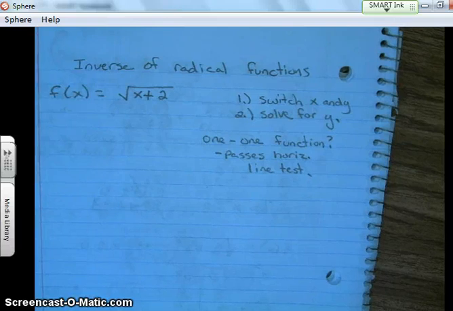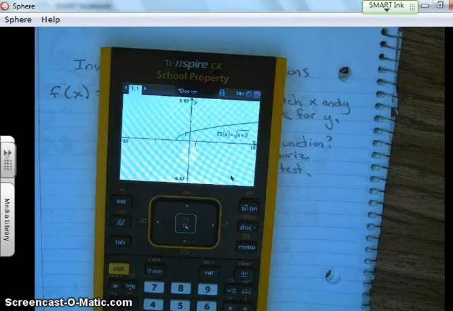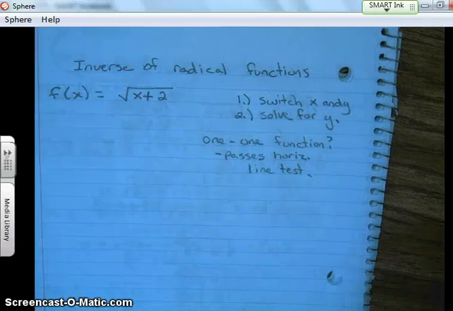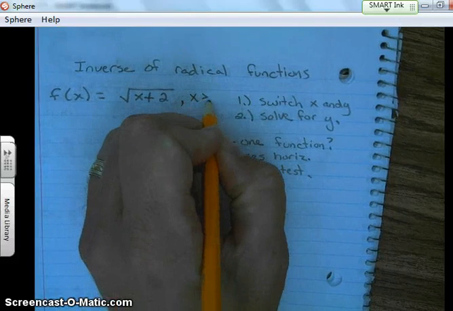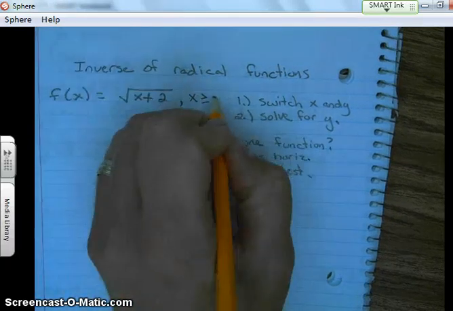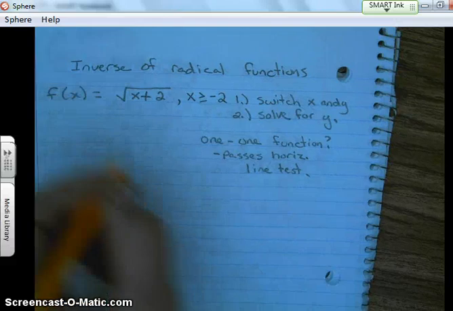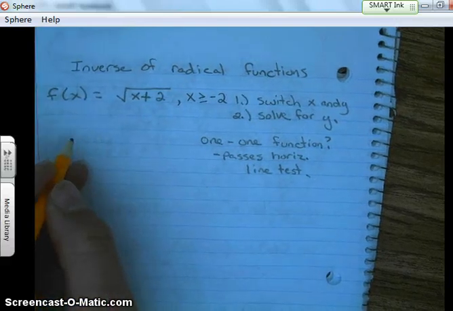Okay. Also, the domain is constrained on this function from -2 to infinity. So the domain is x is greater than or equal to -2. Let me write that down here.